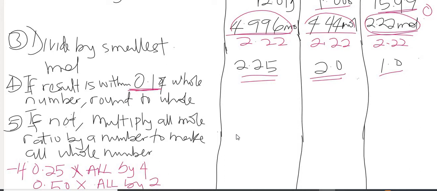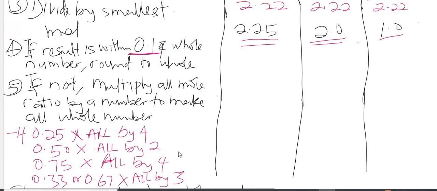So we go to the next step, which says if not, we multiply all the mole ratios by a number to make them all whole numbers. Whatever we do in order to get a whole number, we do for everything.